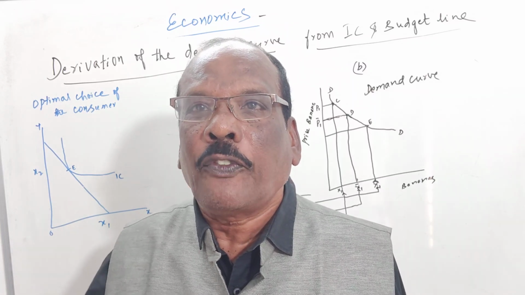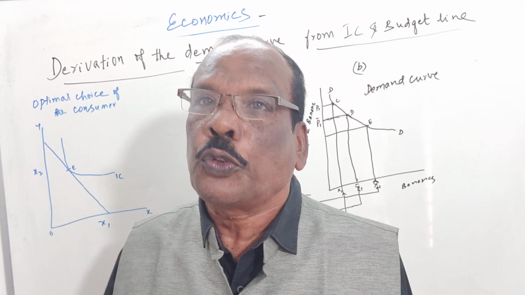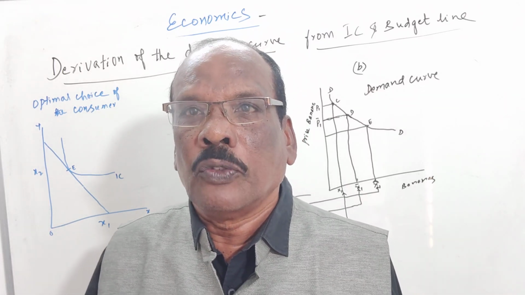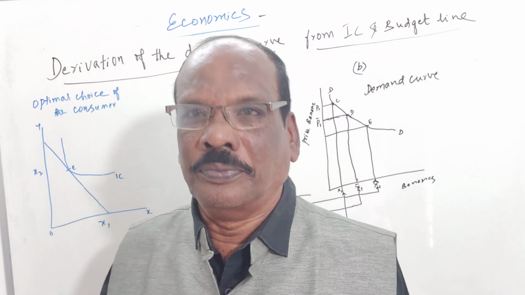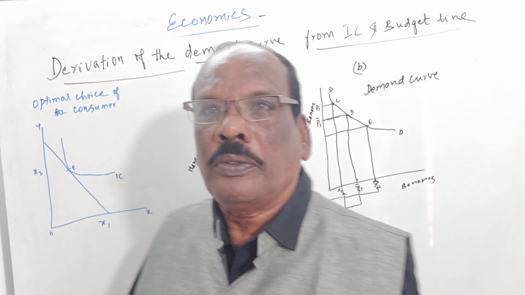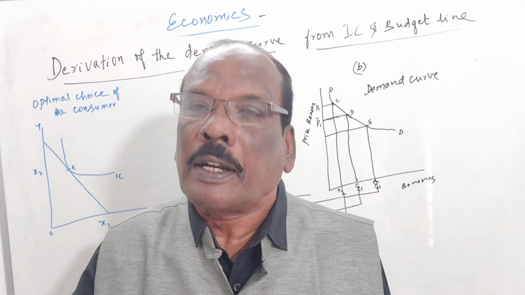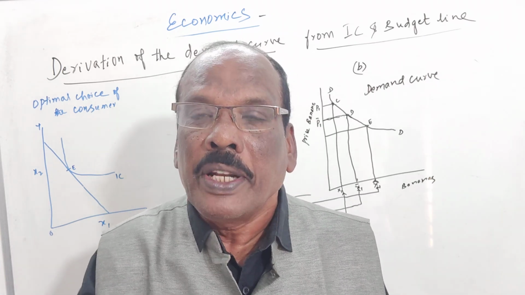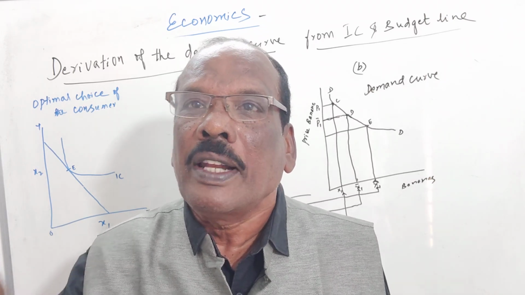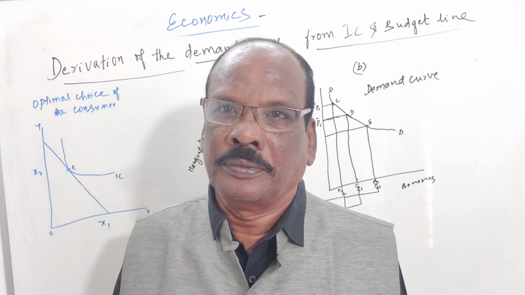It refers to different combinations of two goods which can be purchased by a consumer with his income. That is budget line. What is indifference curve? Indifference curve is a graphical representation of different combinations of two goods which yield the same level of satisfaction.